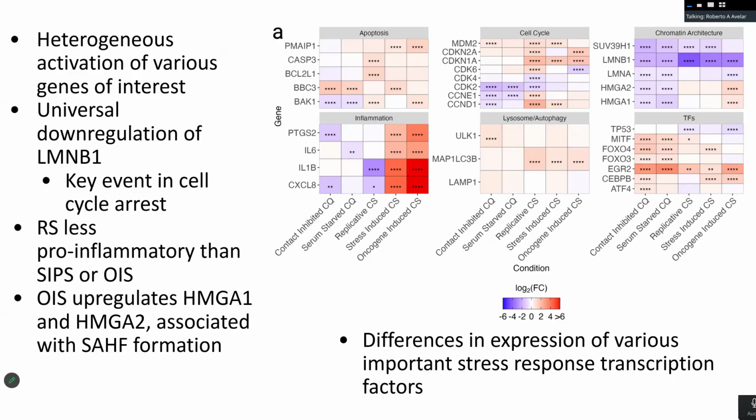And again, genes like P16, which is another strong driver of senescence, appear to be overexpressed in replicative and oncogene-induced senescence, but not stress-induced, for example. So again, this is sort of starting to suggest that these are quite different states, maybe.